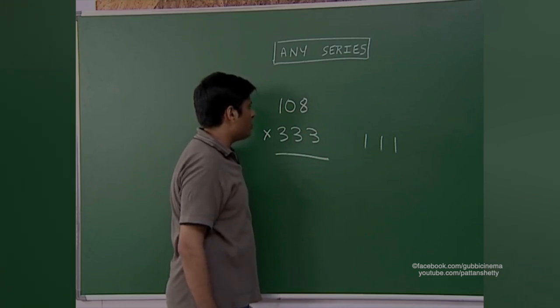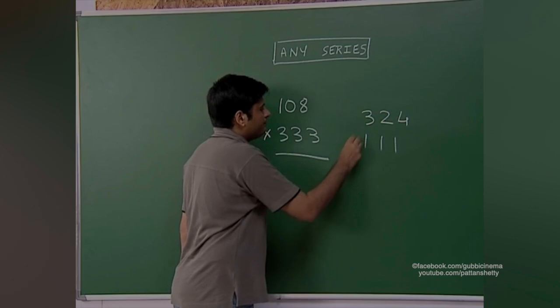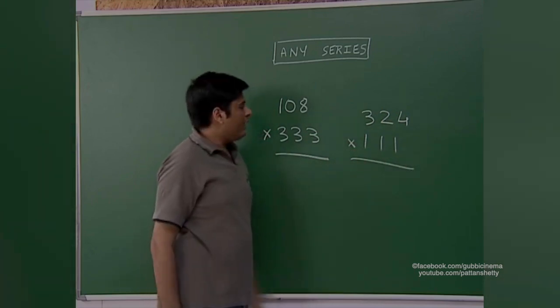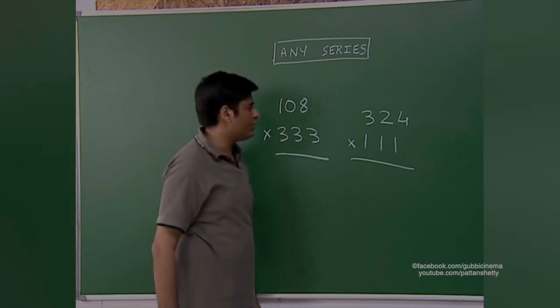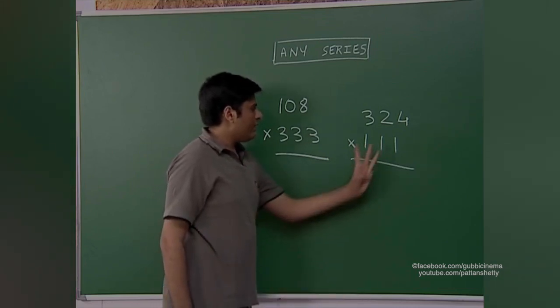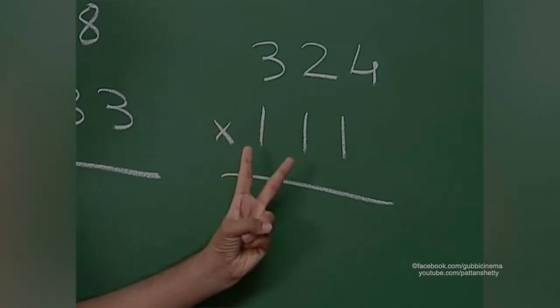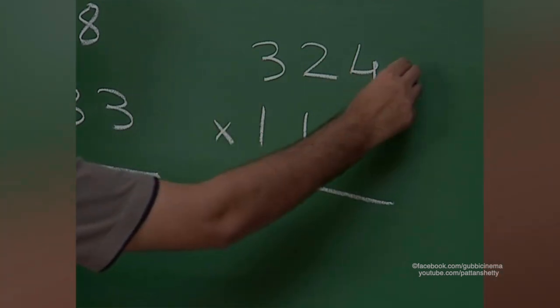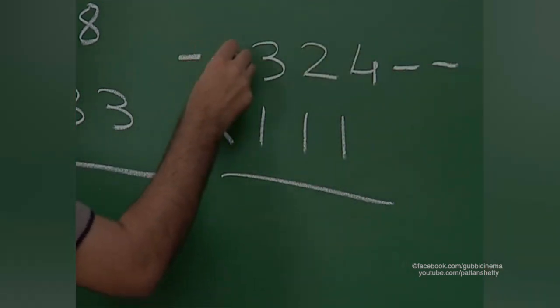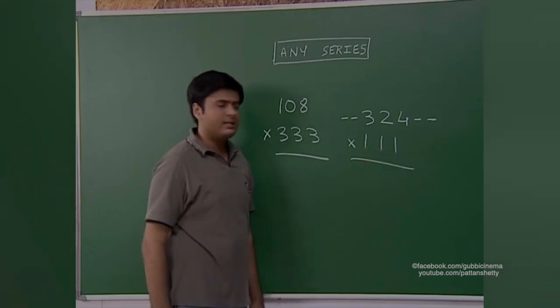108 into 3 would be 324. So the answer of this question will be the same as the answer of this question. Let us see how we get it. There are 3 ones over here, so I open with 3 fingers, 1 cut, 2 dashes behind, 2 dashes in the front. Now, because there are 3 ones, I will be adding 3 digits at a time.